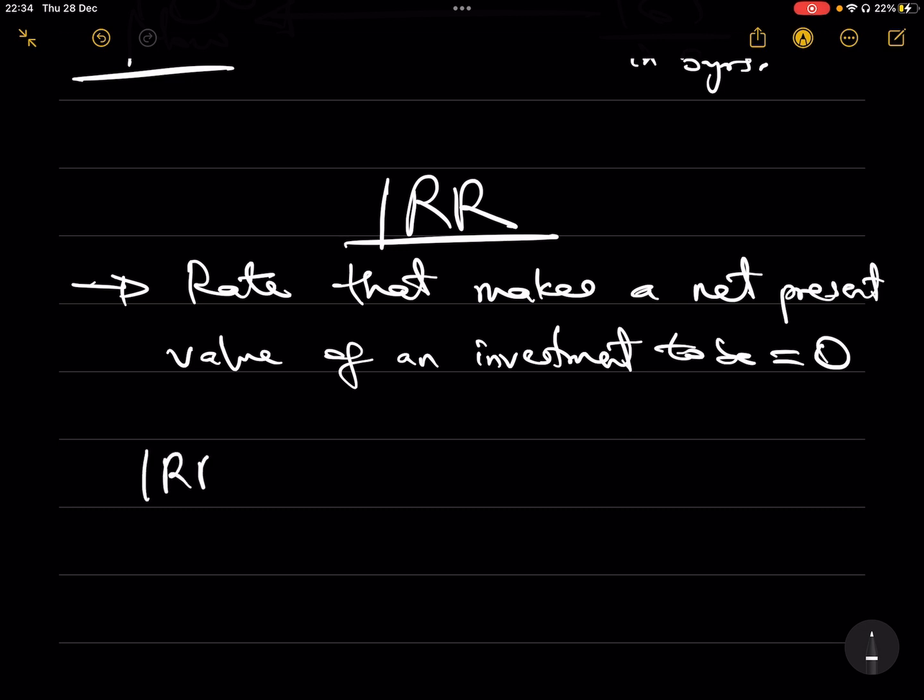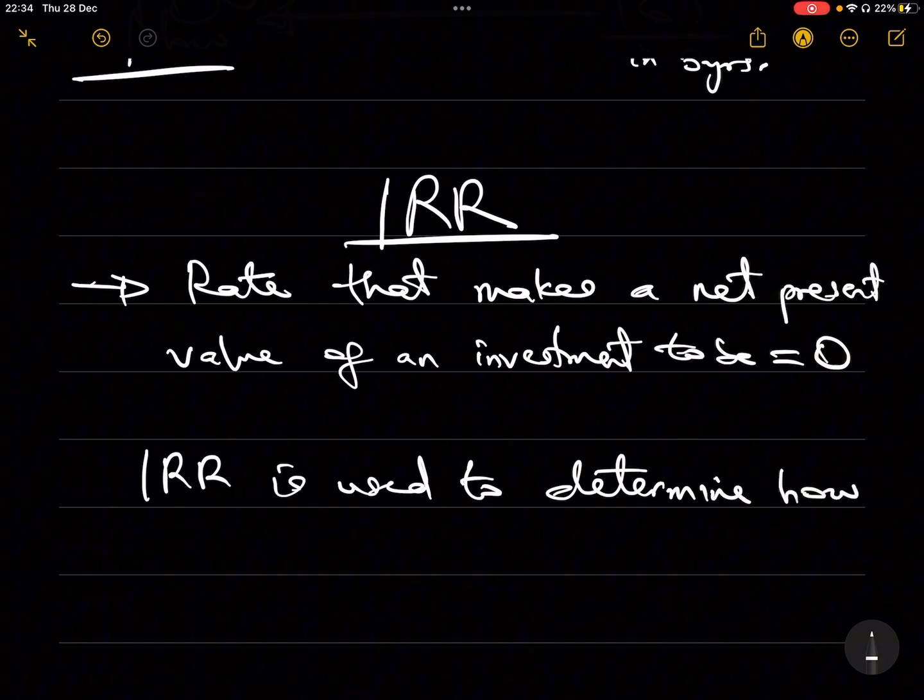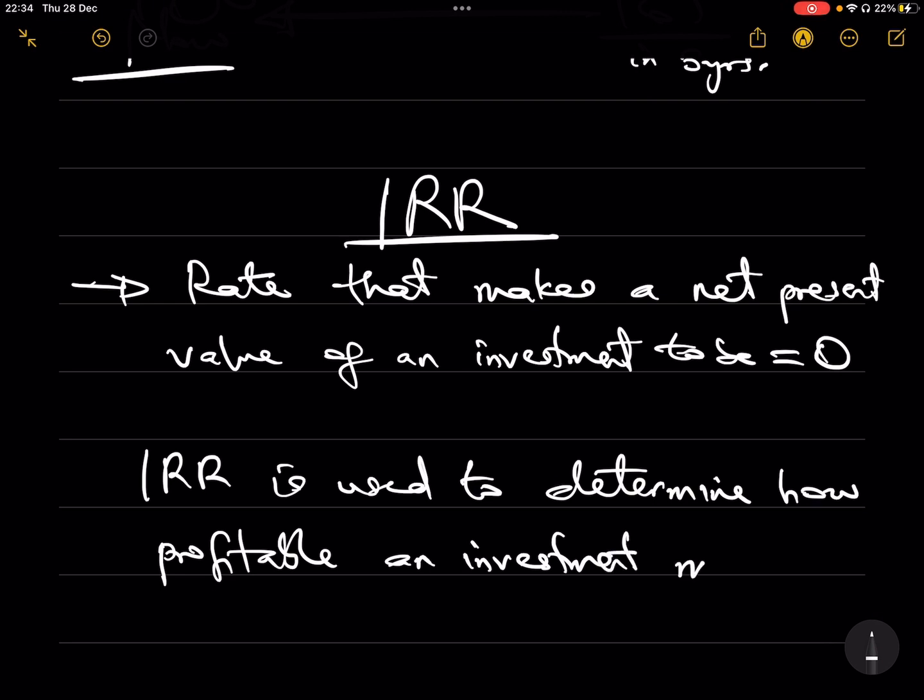IRR is used to determine how profitable an investment might be.